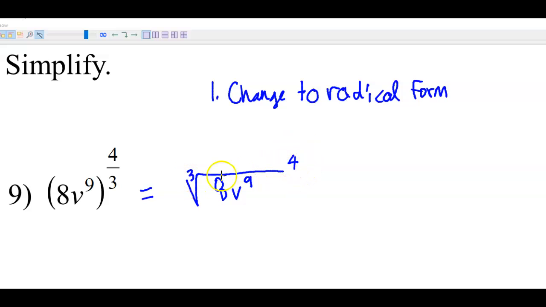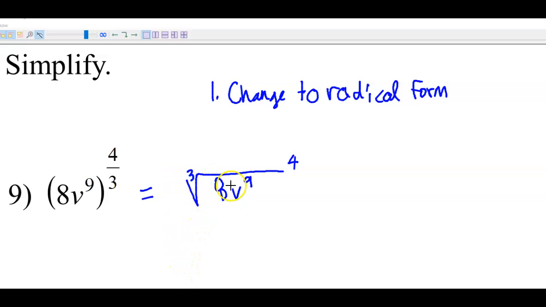It doesn't really matter which one I do first. The order won't matter. I can either take the cube root first and then raise it to the 4th power, or I can raise it to the 4th power and then I can simplify the root. You'll get the same answer either way. However, if I do the 4th power first, that's going to make this 8 into a pretty huge number, and then I'm going to have to break that down to get the 3rd root.